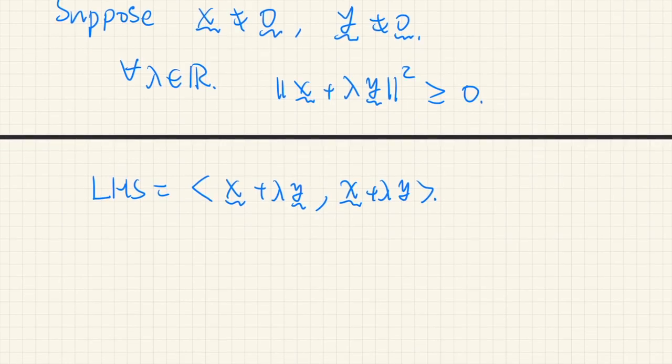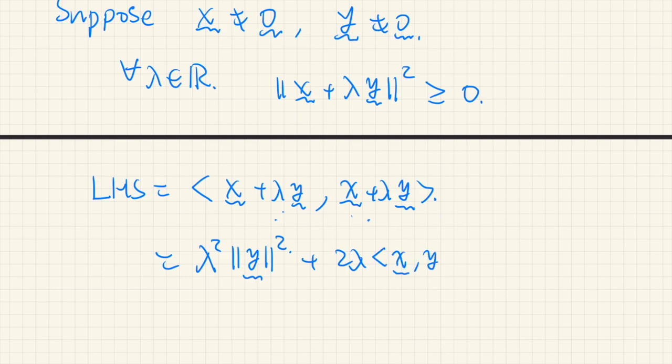Okay, and again using the distributive laws and so on for the scalar product, we have lambda squared times the norm of y squared, plus 2 lambda times the scalar product between x and y, plus the norm of x squared.